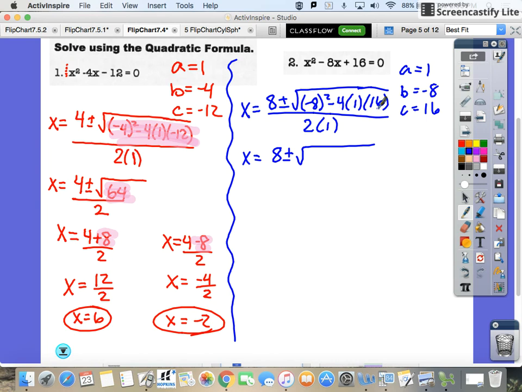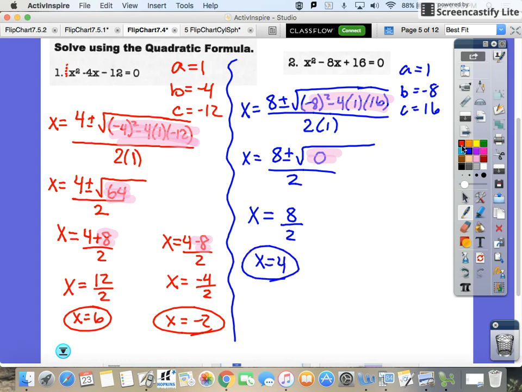Then 4 times 16 is 64. So it's 64 minus 64, which is 0, over 2. This square root of 0 just disappears. So we end up with one solution because the discriminant is 0. We get 8 over 2, so x is 4.